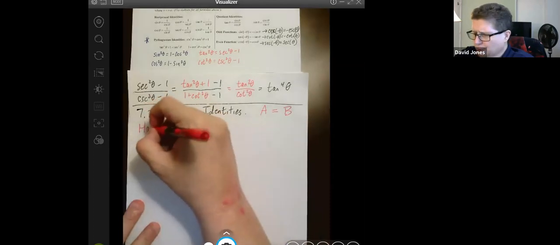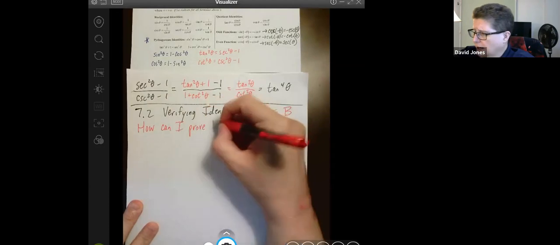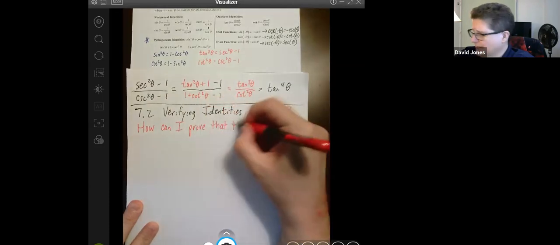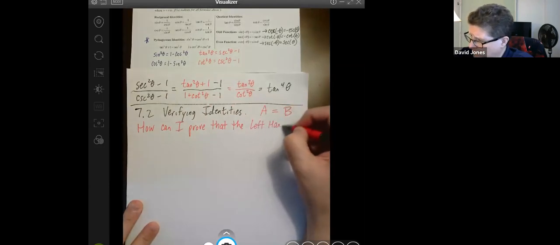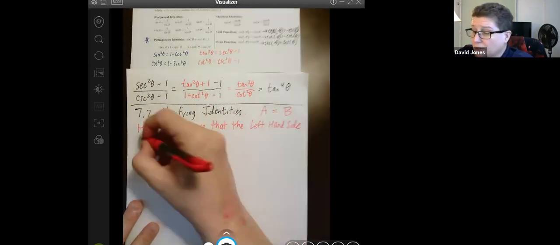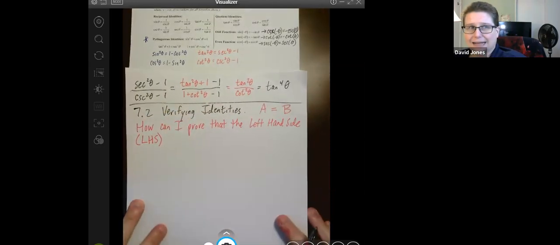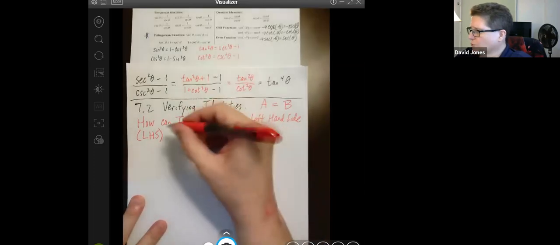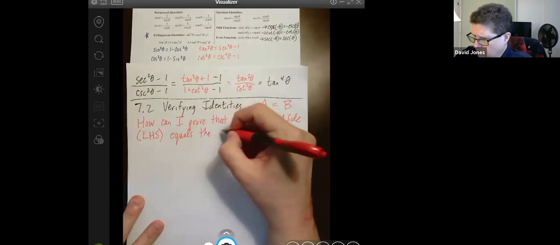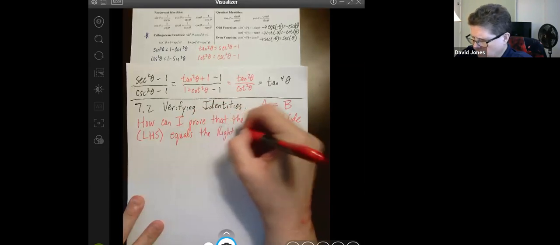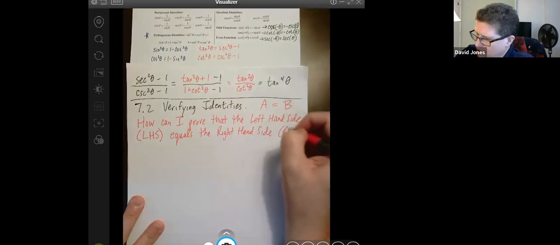How can I prove that the left-hand side, which I am going to call LHS for this lecture, because I say it a lot, equals the right-hand side, which is RHS. I'm going to use that.